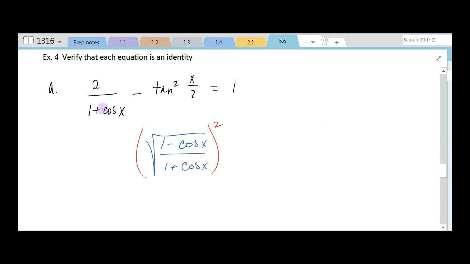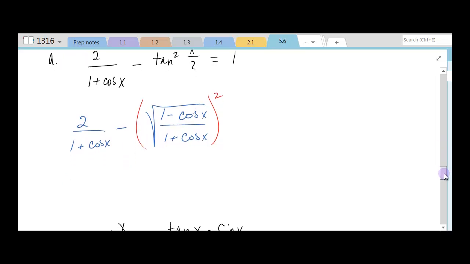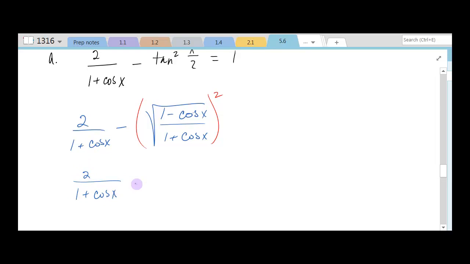And then we're just going to rewrite this other term, 2 over 1 plus cosine x, minus what we just rewrote here. Simplifying that, if I square something that has a radical, then the radical just comes out, right? So I have 2 over 1 plus cosine x minus the second term, which is 1 minus cosine x divided by 1 plus cosine x.